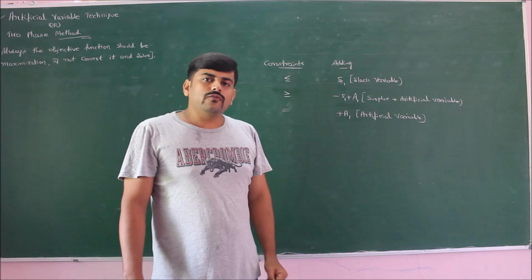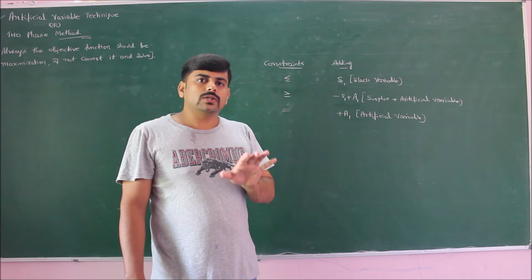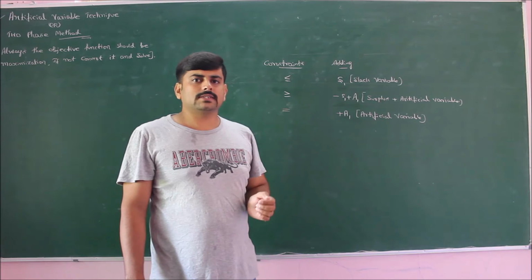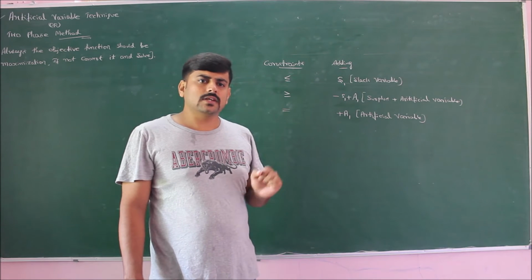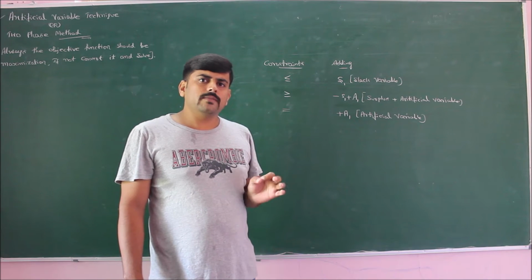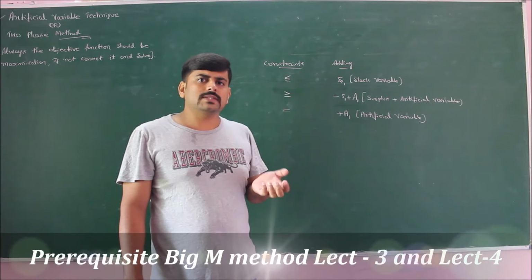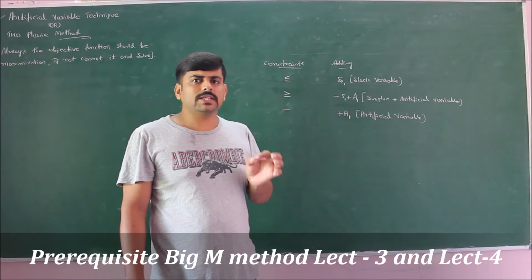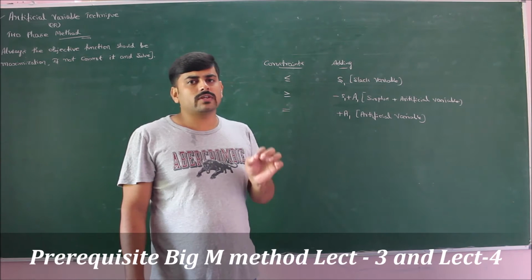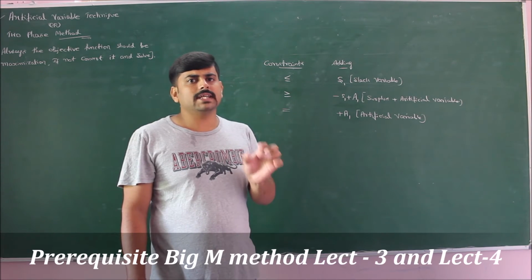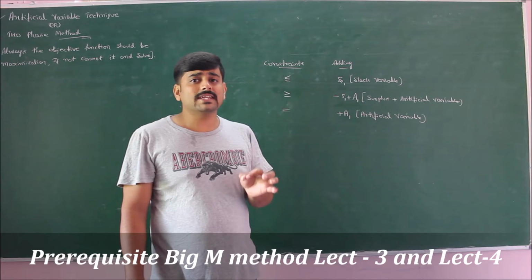Whereas in case of two-phase technique, we will be dividing the total problem into two phases. In the first phase, we will be assigning the cost or the value for all the variables as 0 except the artificial variables. Only for the artificial variables, we will be assigning the cost or value of minus 1.